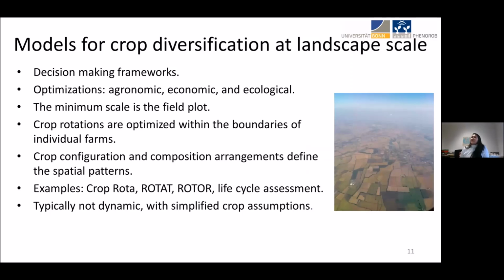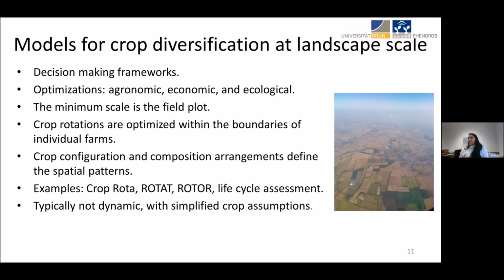And typically at the landscape scale, agroecosystem models are not typically used. What is used are decision-making frameworks with optimizations on agronomic, economic, and ecological terms, depending on the type of model and the research question. The minimum scale that is typically optimized is the field plot, and crop rotations are optimized within the boundaries of individual farms.